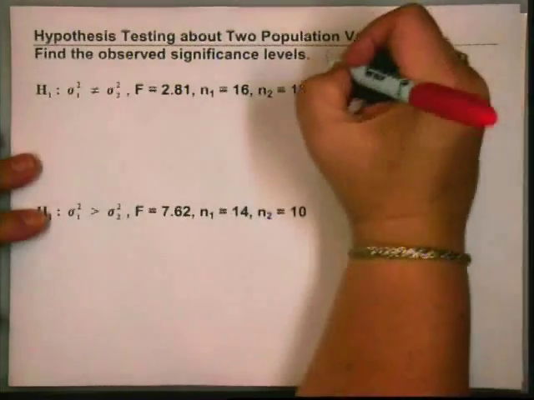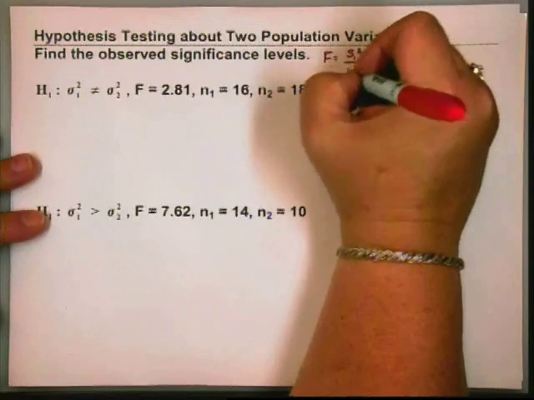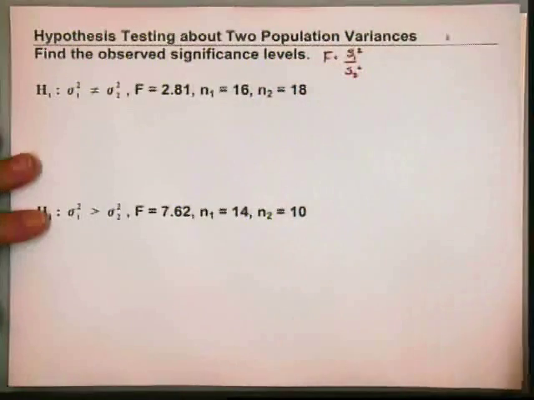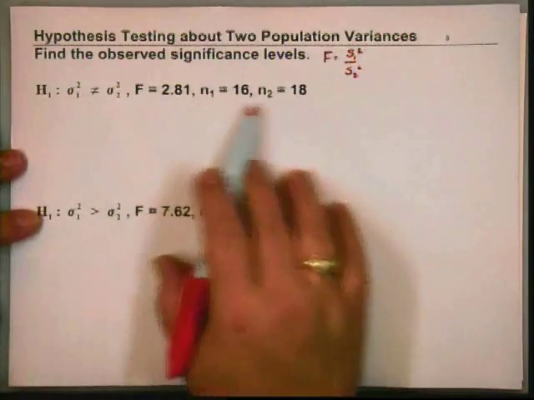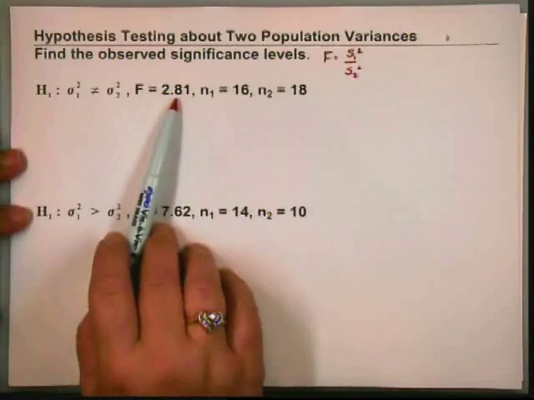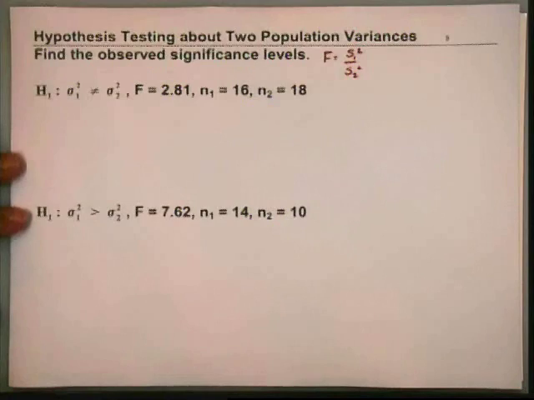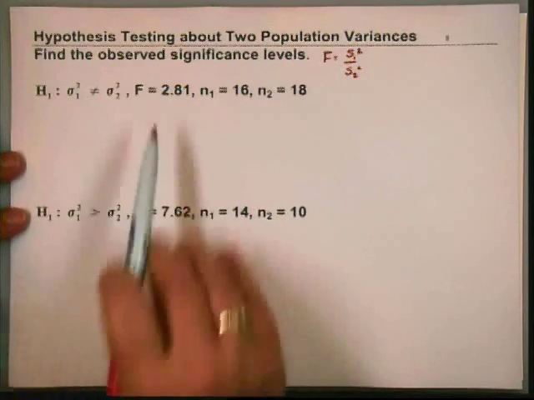When we write these, assume here that index 1 is in the numerator. So whenever I write N1 and N2, assume that index 1 is what generated the F value 2.81. All right? So what do we have here?